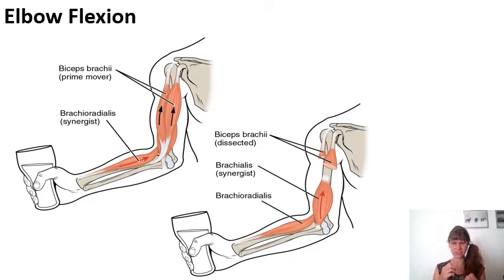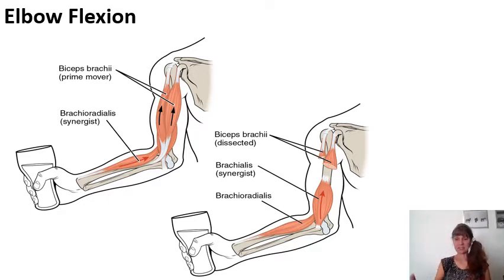Sometimes books start changing things, and they do that when they go through different editions. It's not technically correct. So please know that for me, brachialis is a prime mover, biceps brachii is a synergist. Here we have brachioradialis also as being a synergist in elbow flexion.